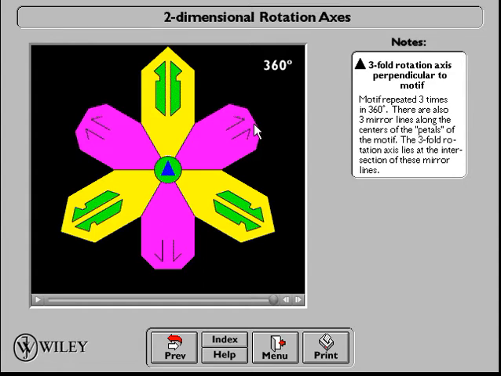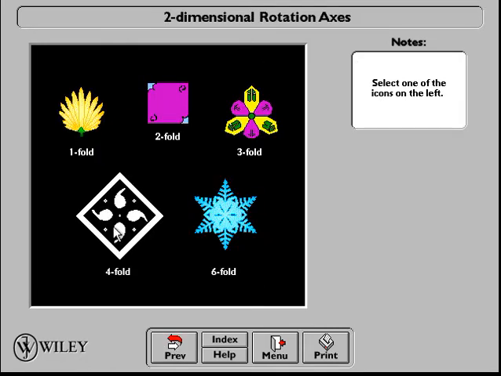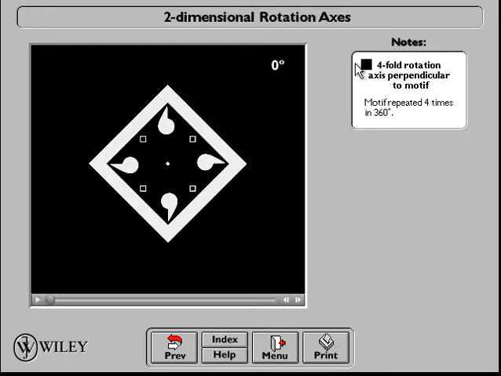About these mirror planes we will discuss later, when I will show you some examples dealing with mirror planes. Now we are going to the four-fold axis. We are clicking on it. Here we have four-fold, and that is the symbol for four-fold, just a square. Four-fold rotation axis perpendicular to the motif. The motif repeats 4 times in 360 degrees. That must be the case, that every 90 degrees it will repeat itself.